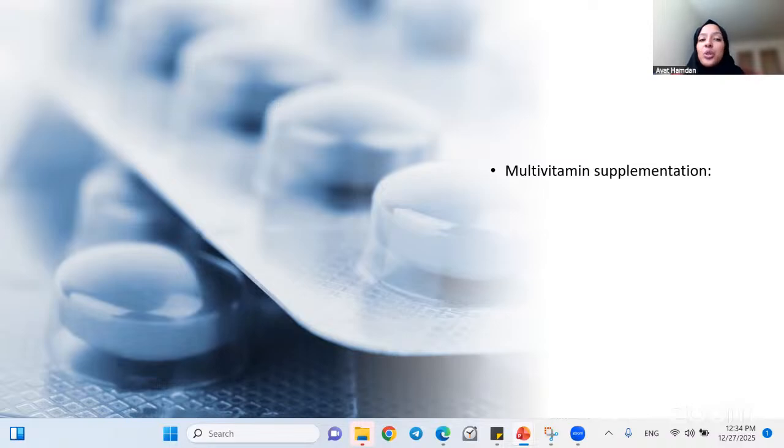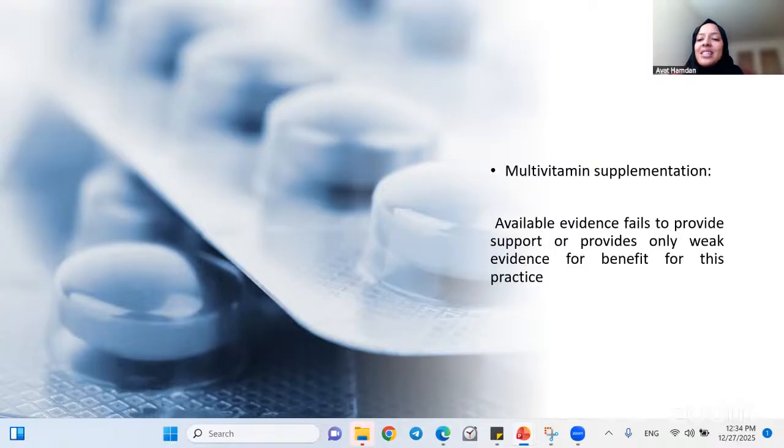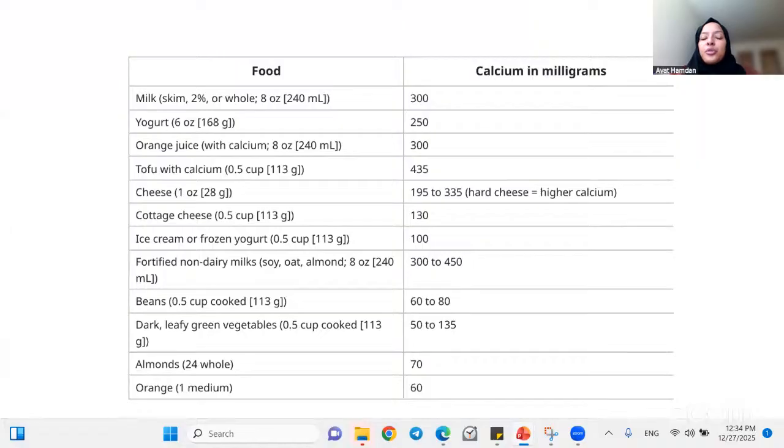Although it is a common practice, the available evidence has very weak evidence of benefits for taking multivitamins daily. And on some occasions, it might also lead to some drug interaction, or the patient doubling the dose. So we really don't want to do that. Instead, we will just recommend that if you want to take calcium, you can take it from food. We can give some charts showing which foods are enriched in calcium, vitamin D, vitamin B12, etc.